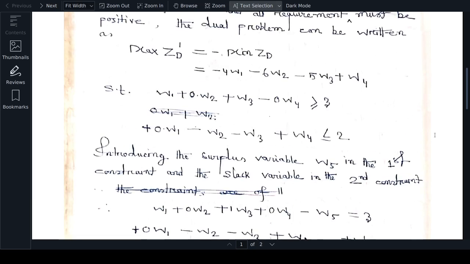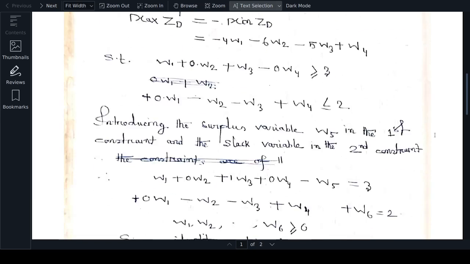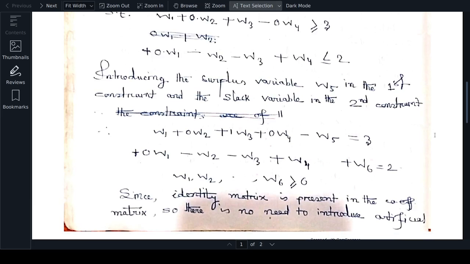Here we already have an identity matrix, so there is no need to introduce an artificial variable in the first constraint, because the coefficients of W1 and W6 give us the identity matrix.